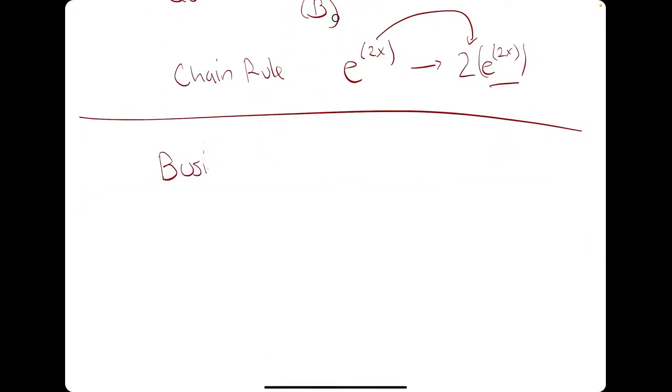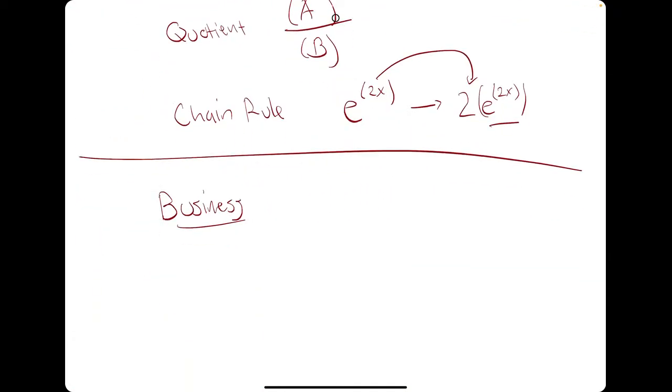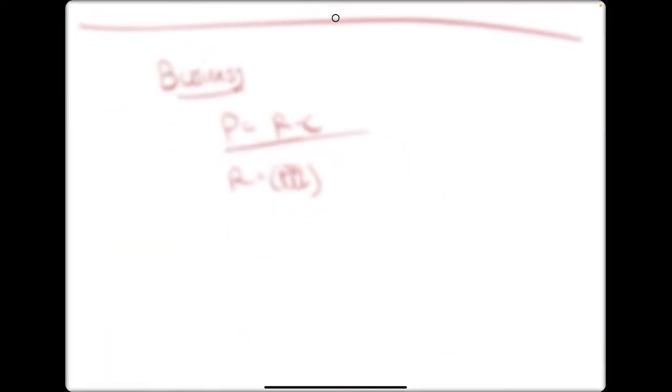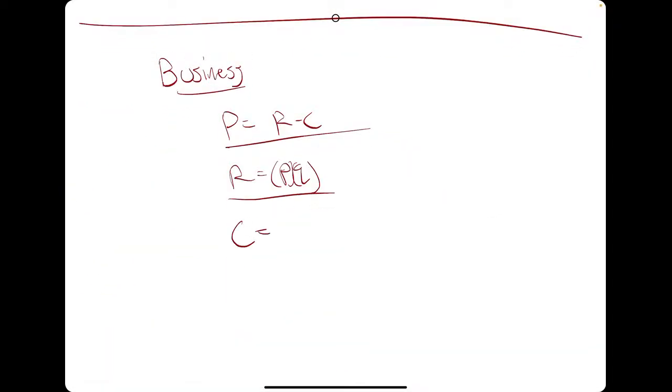Business-wise, I guess, kind of on the same level of importance as derivatives. I would know the formulas for profit, revenue, price times quantity. Again, profit was revenue minus cost. Cost being variable cost times quantity plus fixed cost. All these very, very important ones.